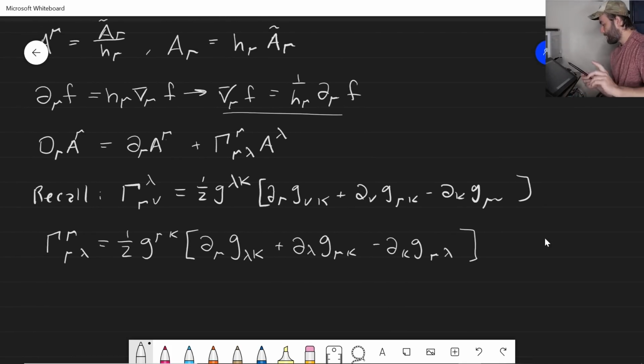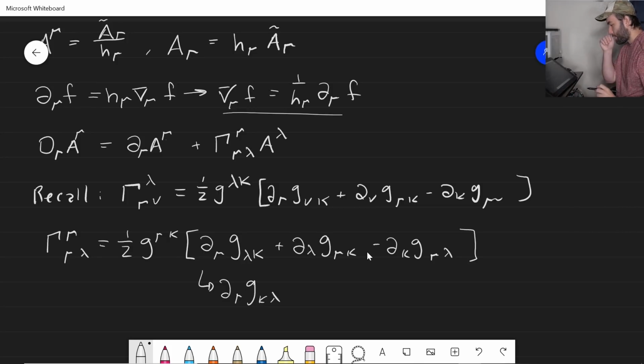Now let's see if we can simplify this a little bit. So the first term, we're raising both k and mu. So we're raising this d mu here, and we're raising this dk here. And then the metric tensor is a symmetric tensor, so we can swap indices. Not only that, but we're summing over k, so lambda's not being summed over, so I could write this guy as d_mu g_{k lambda}, since the metric is symmetric.